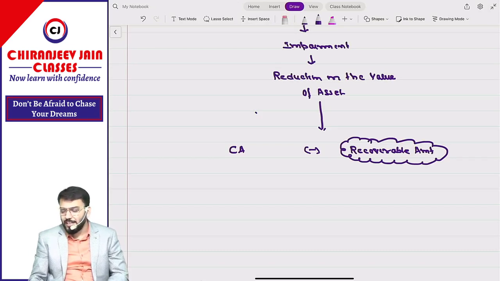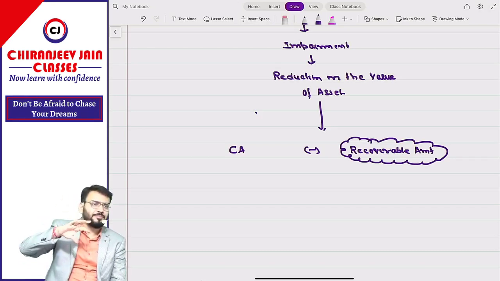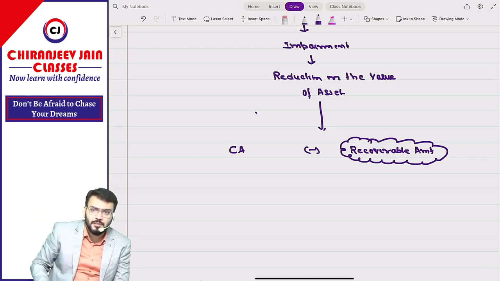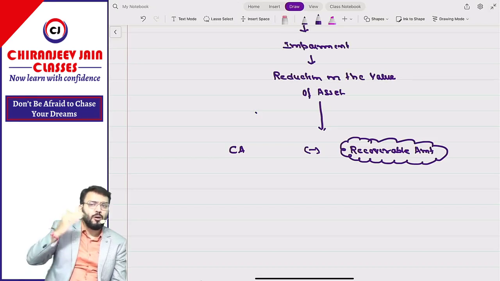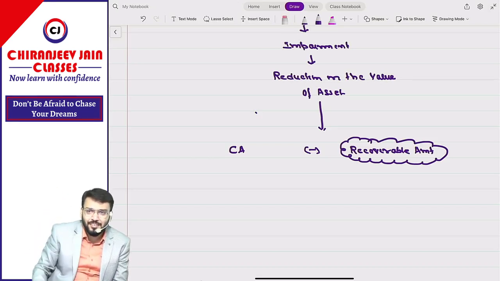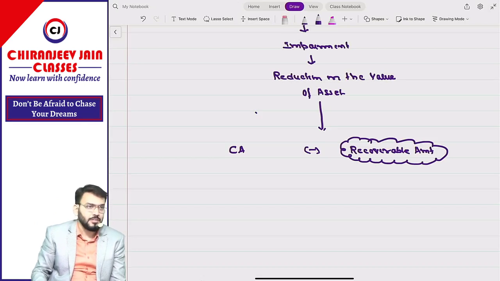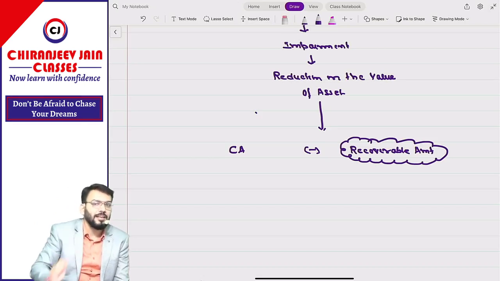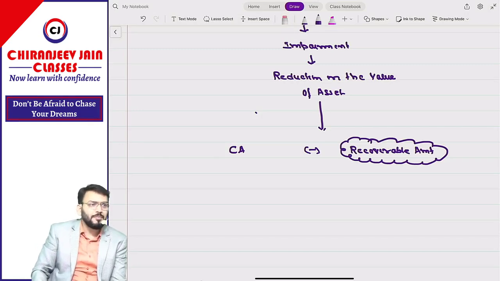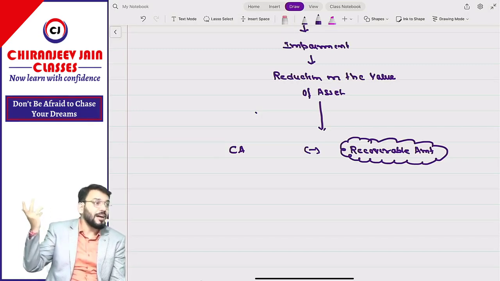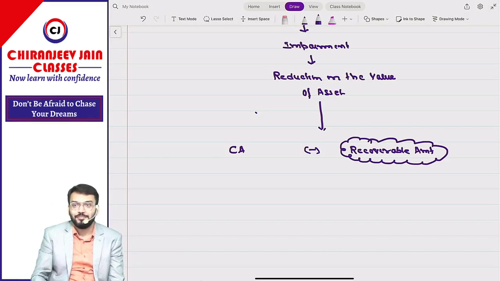Recoverable amount. Just try to understand: when I purchase any asset, suppose I purchase this camera at rupees 1 lakh, what is my objective? To recover this 1 lakh. Because I have paid 1 lakh, the minimum amount I should recover is 1 lakh. If I get more than 1 lakh, good, but not less than 1 lakh.